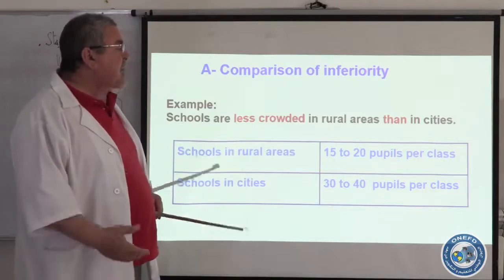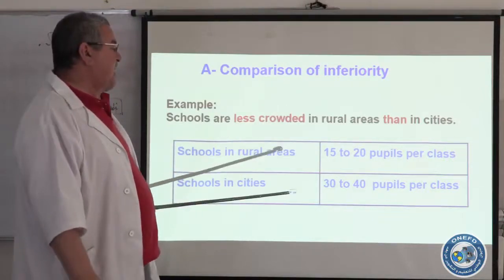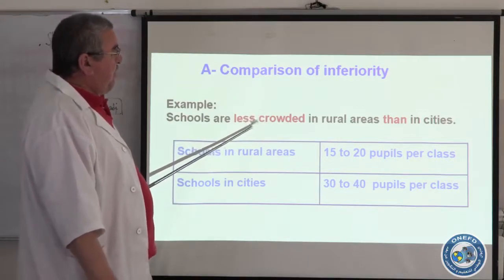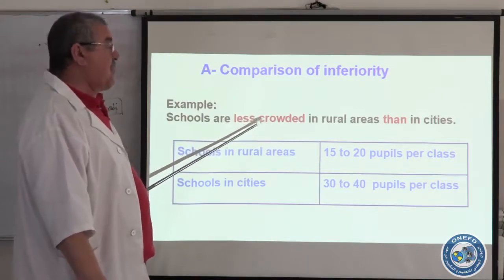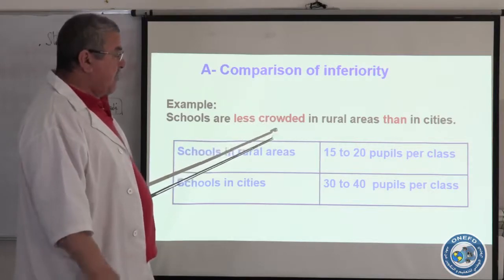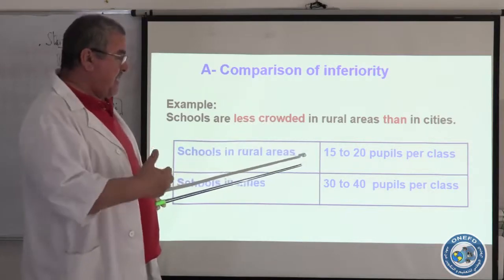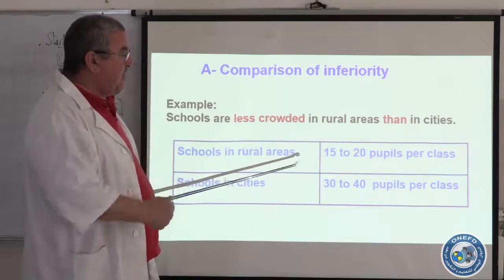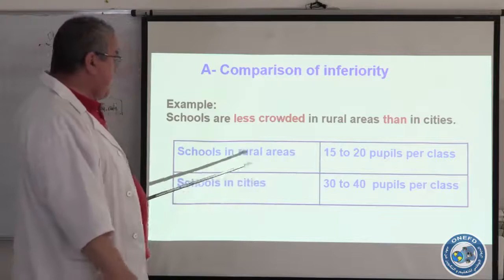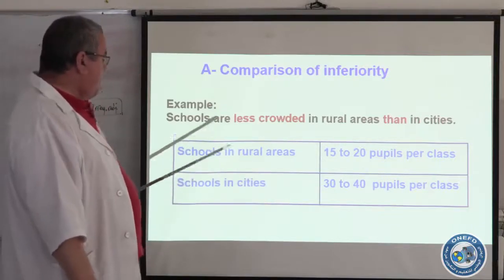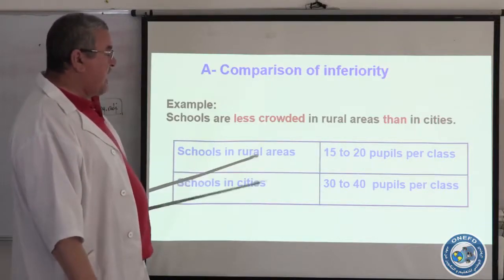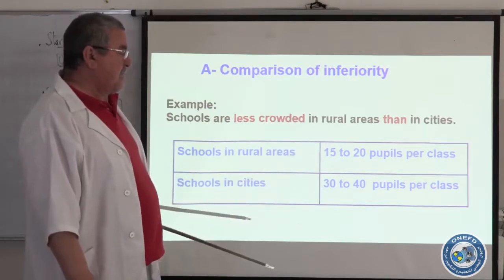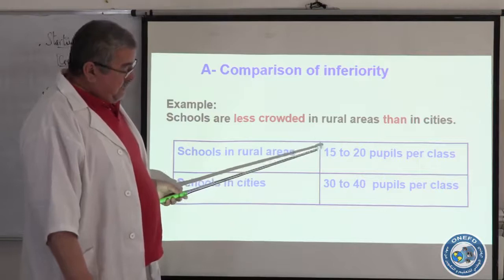Now, how come we decide this? Of course, before we say this, we must rely on some information, on some statistics. Here are the statistics. Schools in rural areas, how many students or pupils in those classes?